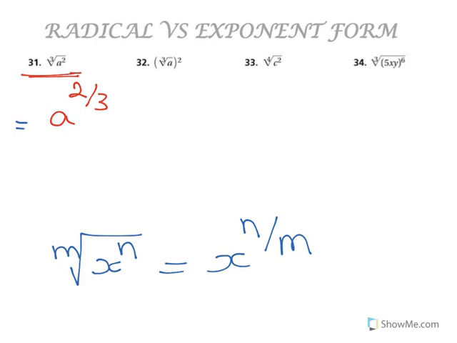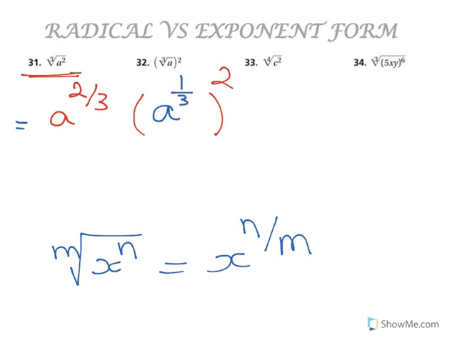Next one is the cubic root of a, all to the power 2. So there are many ways actually to look at this one, but the easiest way is to work from inside out. And that means I will keep the bracket squared, and I'm going to change what's inside to exponent form, which will be a to the power 1 over 3. Let me write this again.